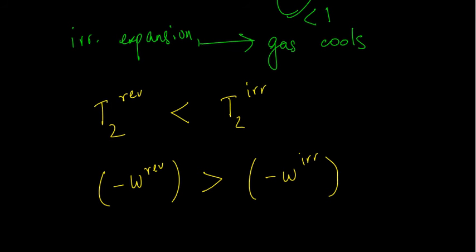Right? If I do that, what is the pressure change? Okay, we already now know that the temperature in the irreversible case is hotter than the temperature in the reversible case. The final temperature. The initial temperature we started with was the same. So now we know that in the reversible case, the gas is more cooled.